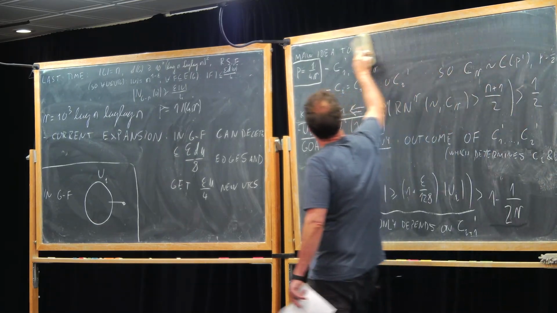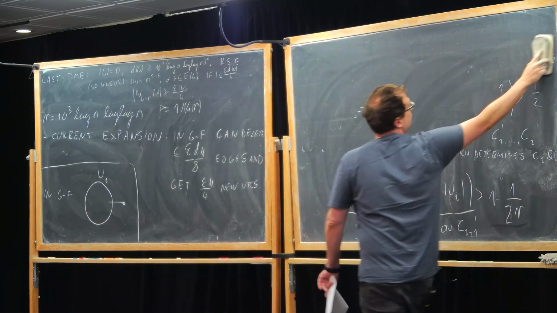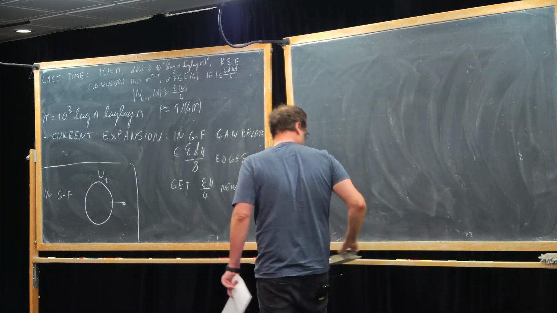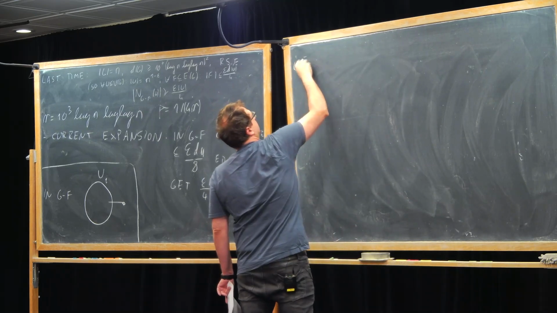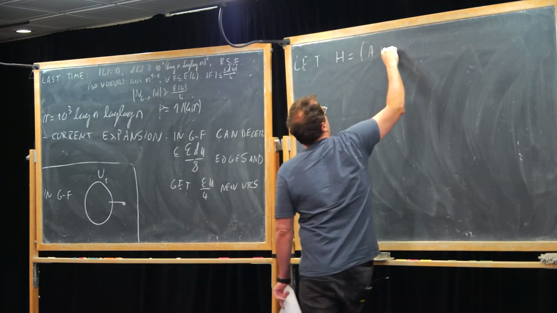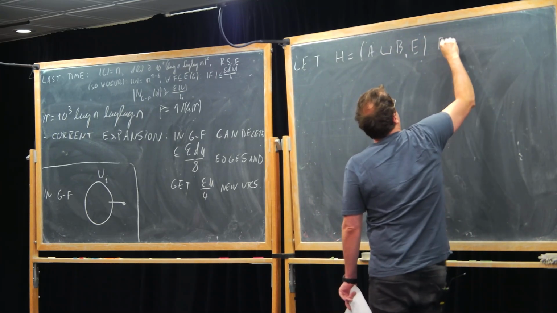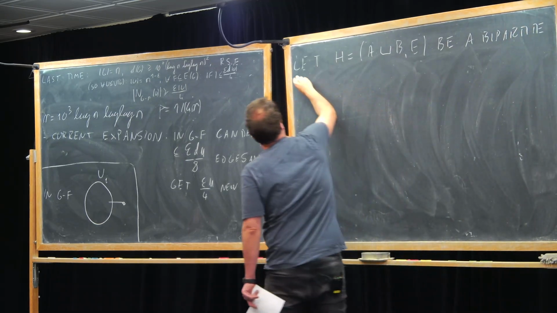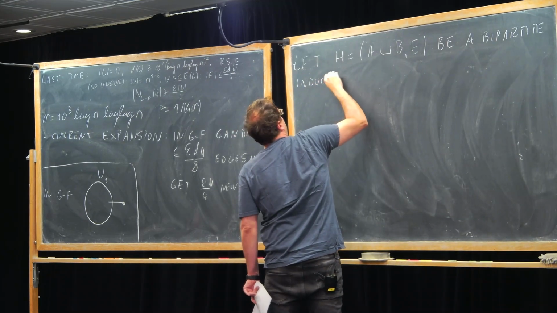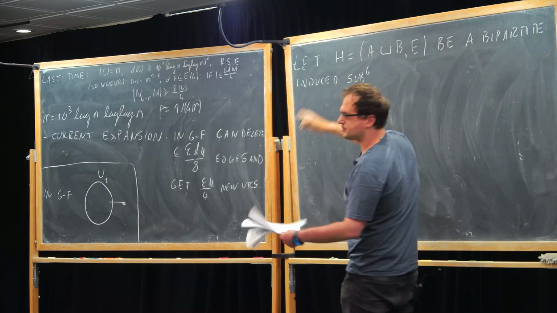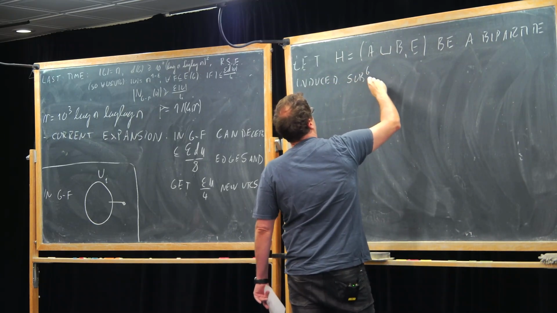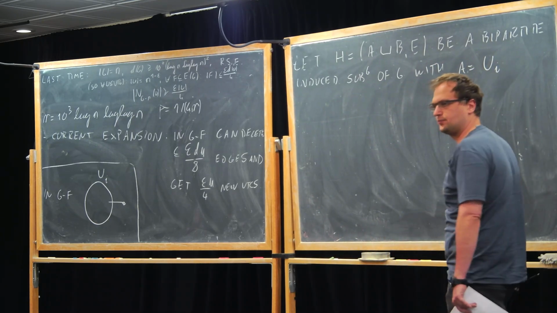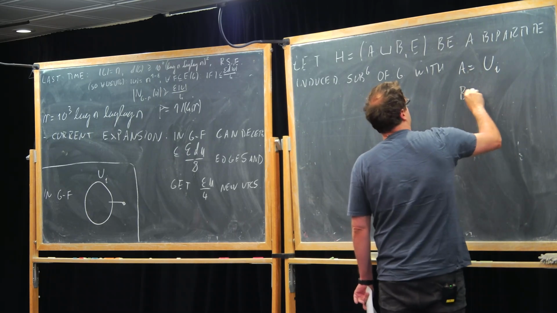Very good. So now let me define this bipartite graph just to get rid of all of our other setting and setup. Right, so let H equal (A, B, E) be a bipartite induced subgraph of G, and by induced I mean that you only take the edges between A and B, not inside of the pieces, with A just our U_i, and B everything else.